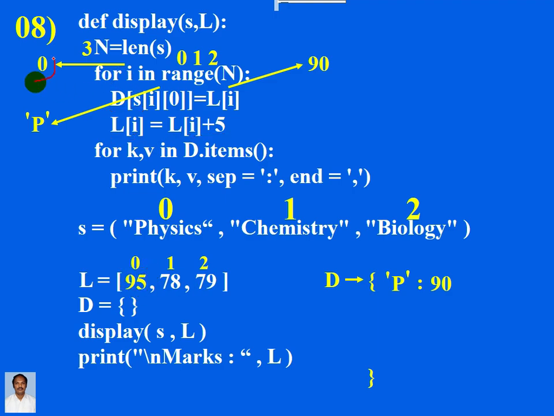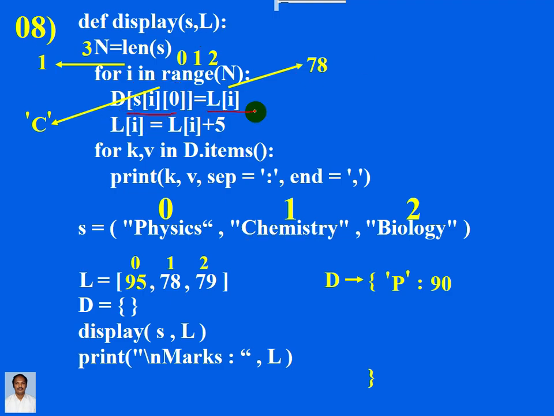Again, I takes the next integer in the range, that is 1. Now I is 1, S of 1 will give you chemistry and chemistry of 0 will give you capital C. I is 1. L of 1 will give you 78. So D of C equal to 78.